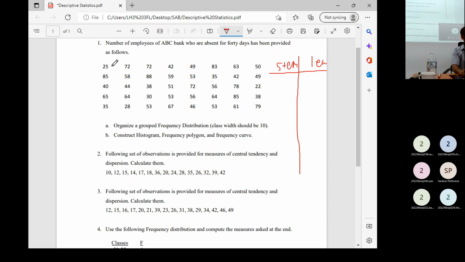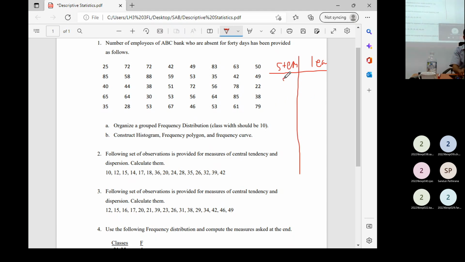Minimum value you can check is 22, and the maximum is 88. So 20 to 80 numbers should be covered. With two digits, the last digit we write in the leaf part. Therefore 2 represents the 20s.